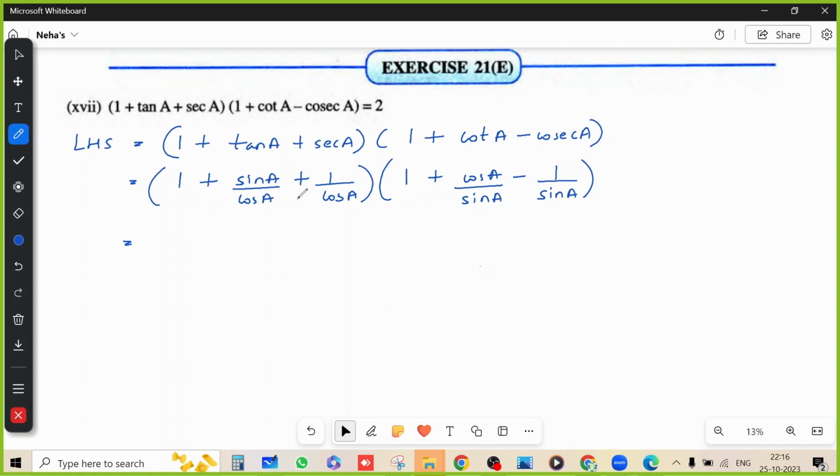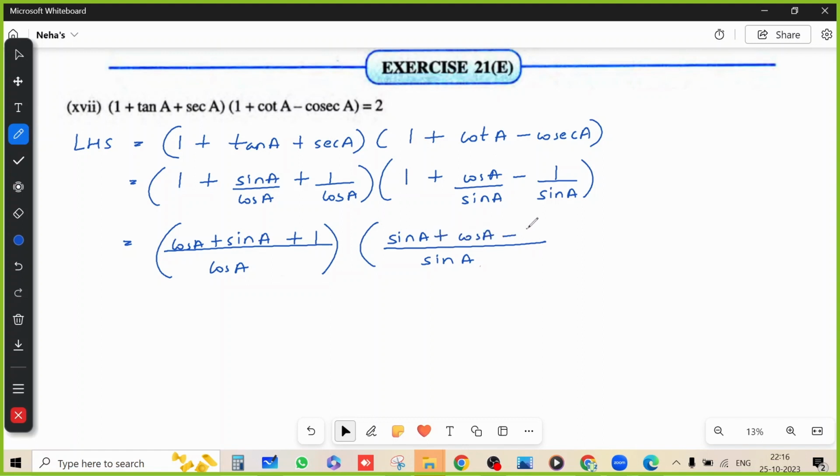Now we will take the LCM in both the brackets. The LCM in the first bracket is equal to cos A, and the numerator will become cos A plus sine A plus 1. The LCM in the second bracket will be equal to sine A, and the numerator can be written as sine A plus cos A minus 1.